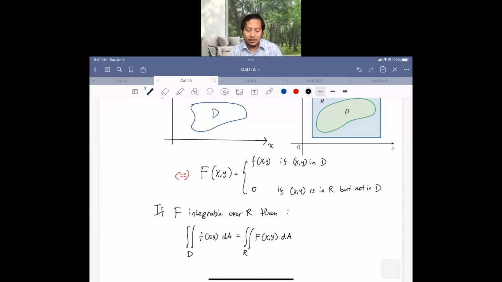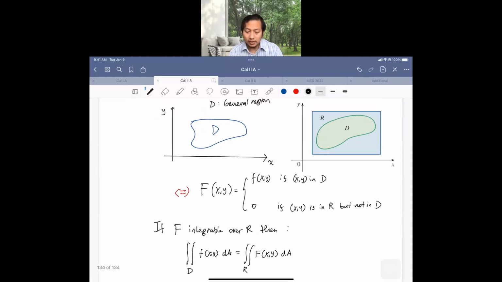Basically, what the capital F and small f mean is that the capital F is the whole function that includes D and R. But for the small f, we are focused only on the surface that we are going to evaluate over the region D. Of course, it will make logical sense.